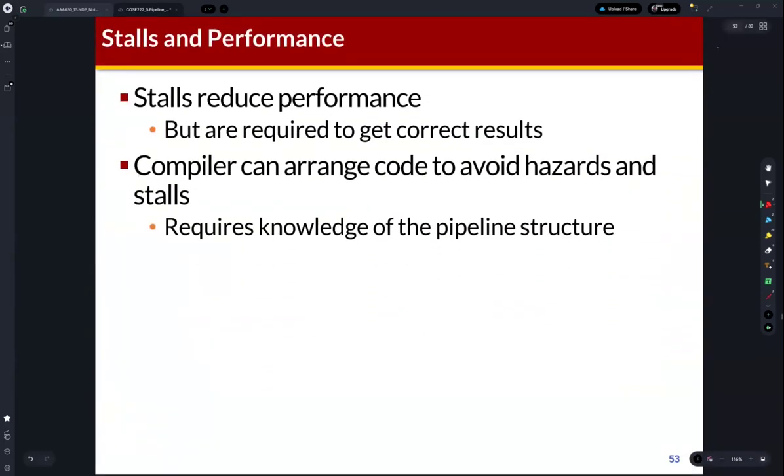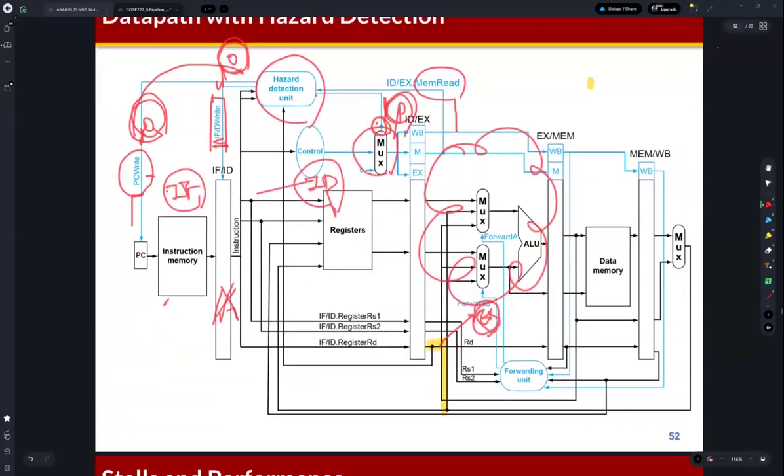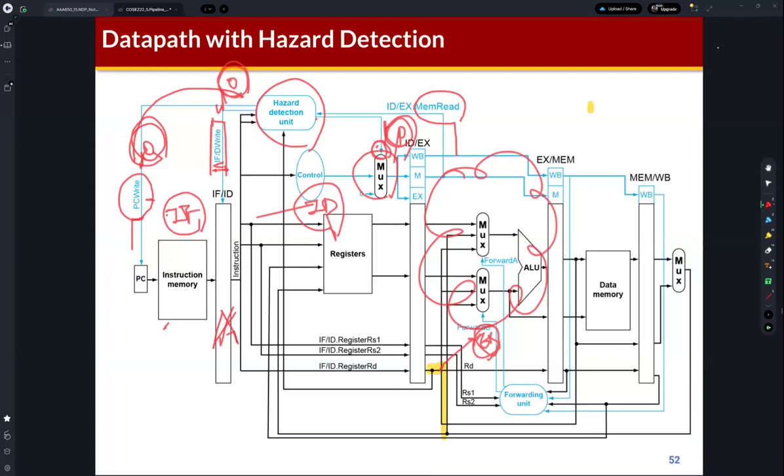So when the load-use hazard is detected, one cycle is wasted, right? Because when the load-use data hazard is detected, the instructions stay in the instruction fetch and ID stages, and then we just make a bubble. There's no operation in the EX stage.